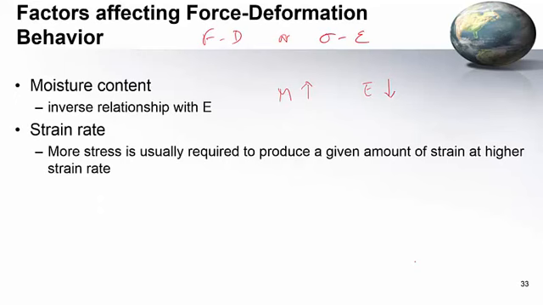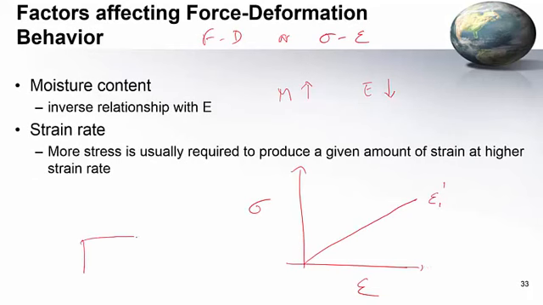The strain rate is basically if I plot stress versus strain, okay, and let's say this is at a strain rate of 1, meaning the rate at which I'm creating the strain. So if I have a material and then if I move ahead, how fast I am moving the head is the strain rate.